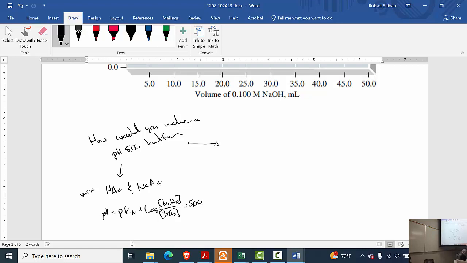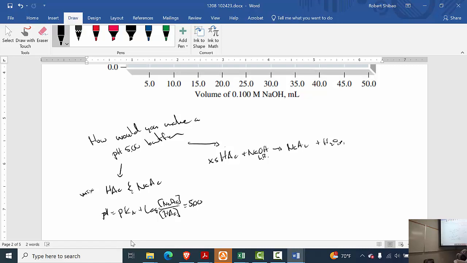The other way is we can make it by a reaction. So, for example, we could take acetic acid and react it with sodium hydroxide. We have to make sure we have excess acetic acid, because a buffer isn't a mixture of weak acid and strong base. We need the strong base to be the limiting reagent because we can't have any left over.